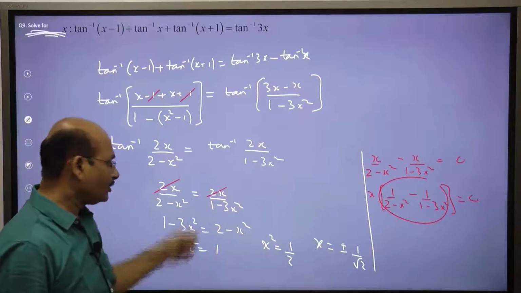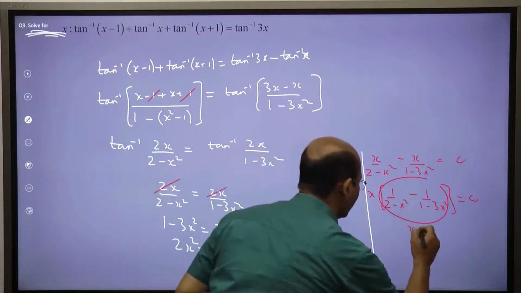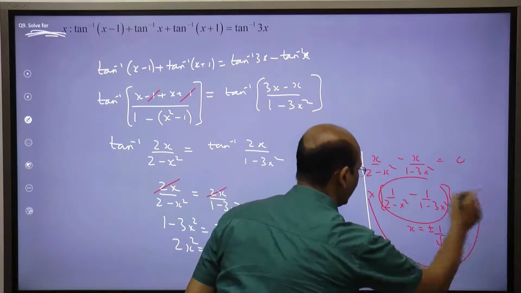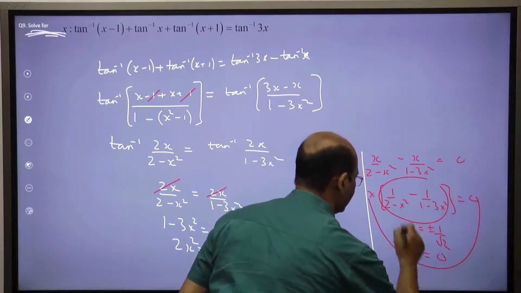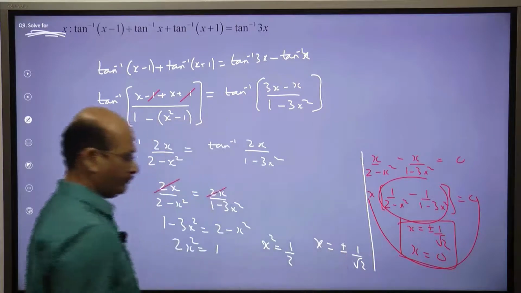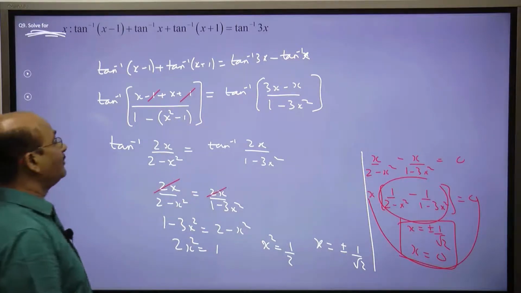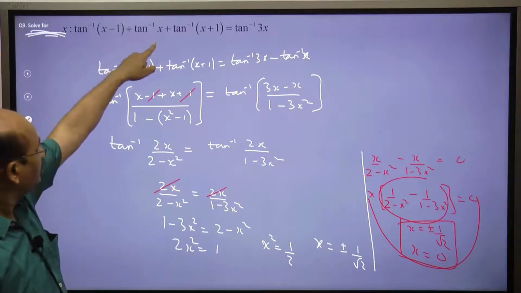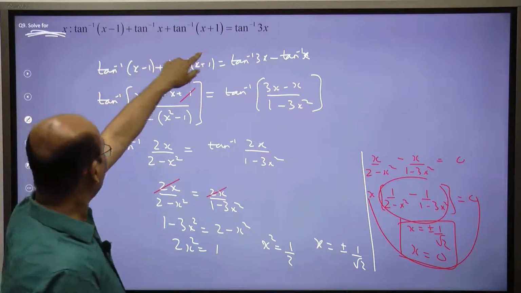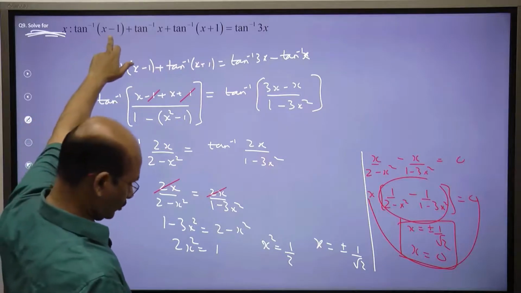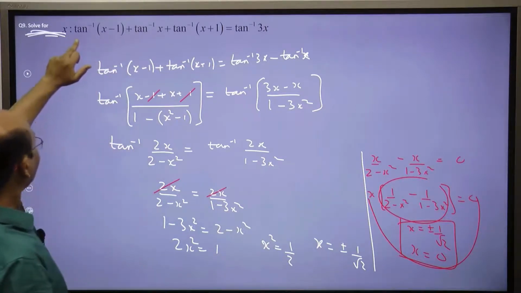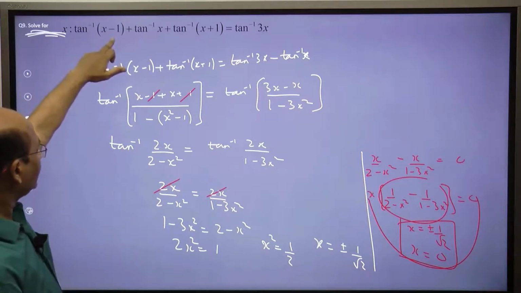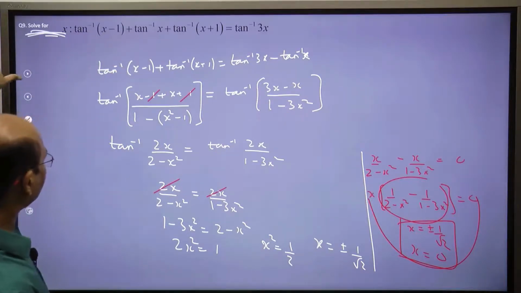And what is the answer for this solution you got? In this case, you got x equals plus or minus 1 by root 2. And this x is also equal to 0. So the other value is also there. Now this is the pattern of the question, because it is tan inverse minus 1 plus tan inverse 0 is 0. Try to understand, tan inverse minus 1 is minus pi by 4, leave it as it is.